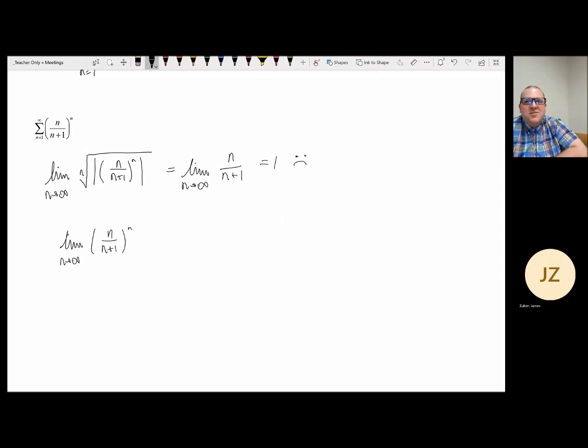Next step is to try the divergence test and hope that gives us an answer. If it doesn't, then we're really going to have to figure something out.